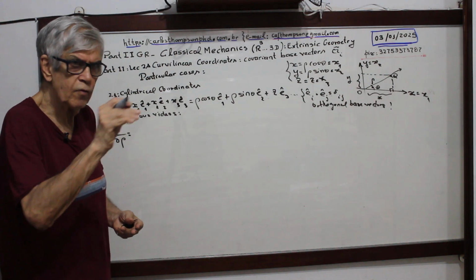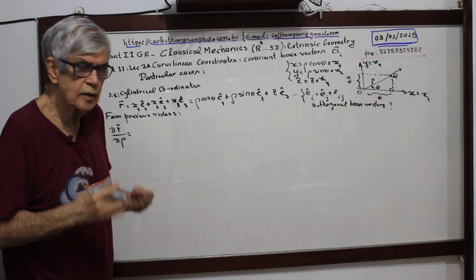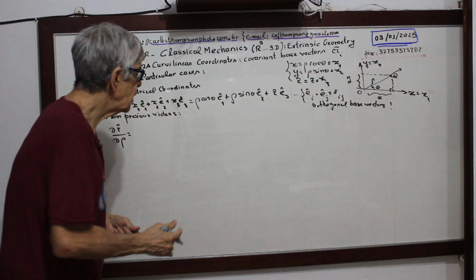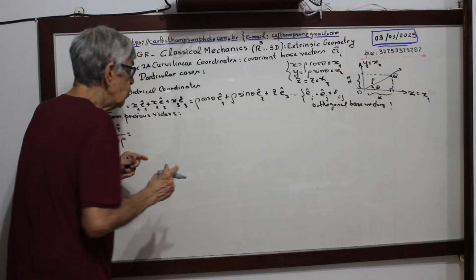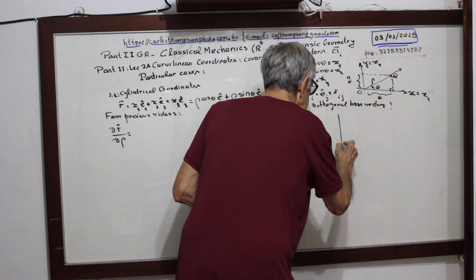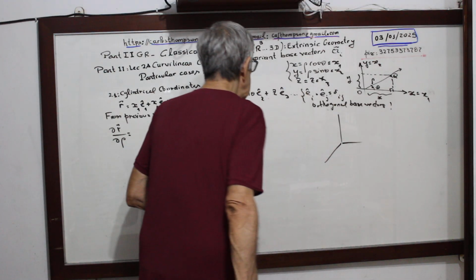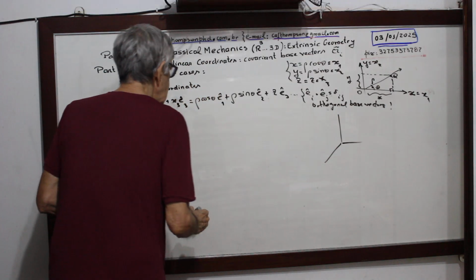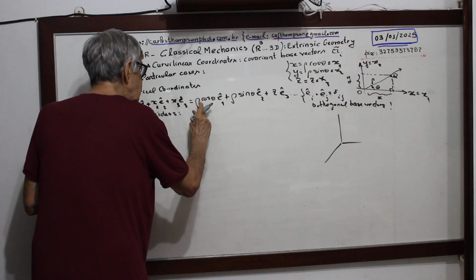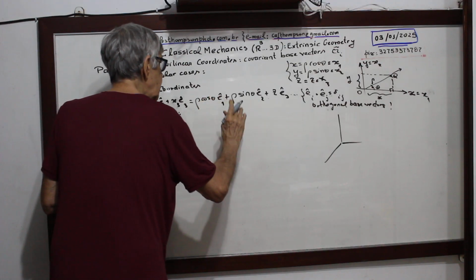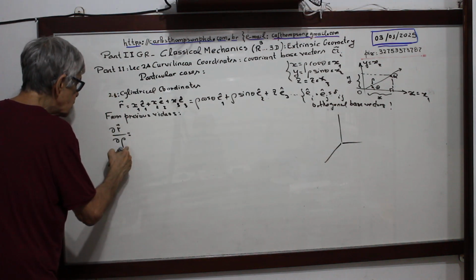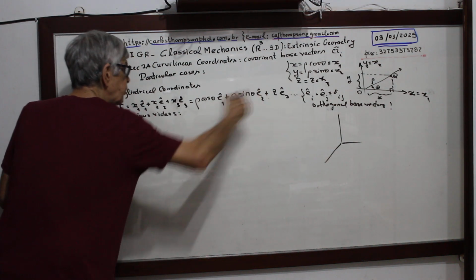You can move point to point, E1, E2, E3 don't change. They're the same. But if you move to another point, actually there will be another rho, another theta, and another z.